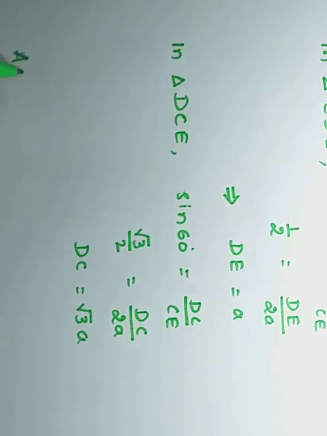Area of triangle DCE is equal to 1 by 2 base into height.